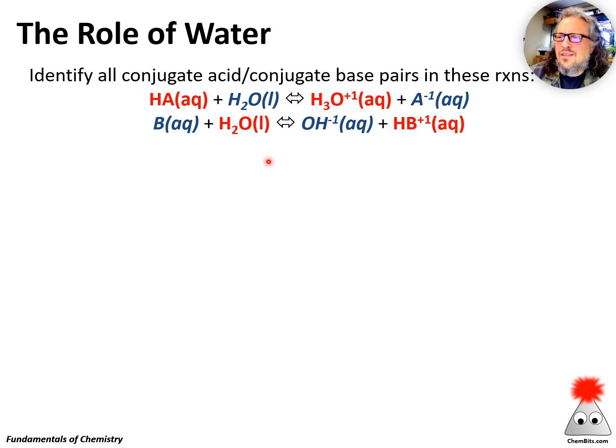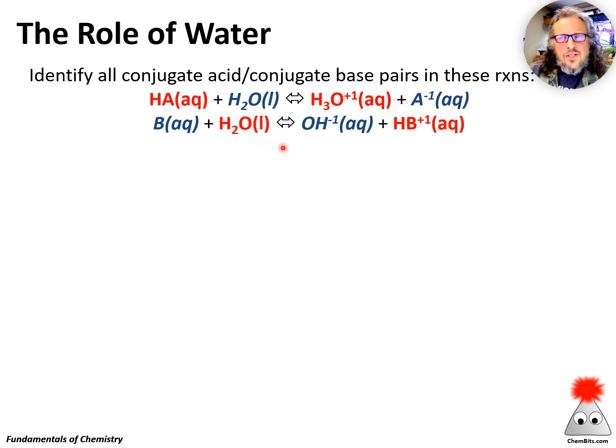So let's look at those. We've got an acid and a base, and a base and an acid, in each of these conjugate pairs in these reactions. So is water an acid or is water a base?